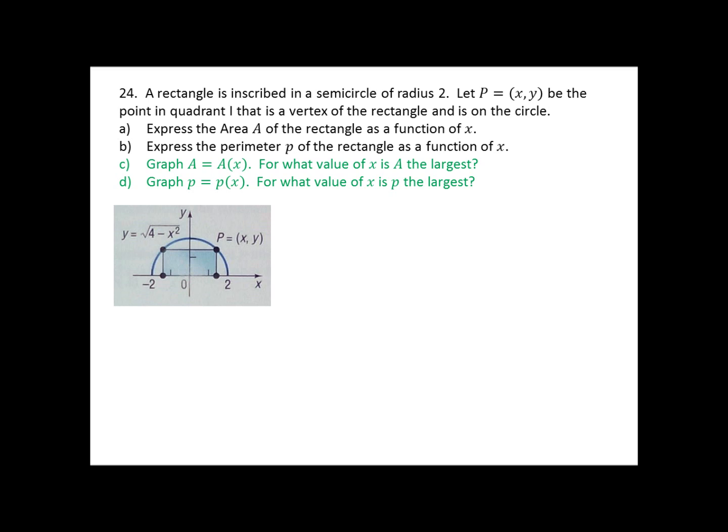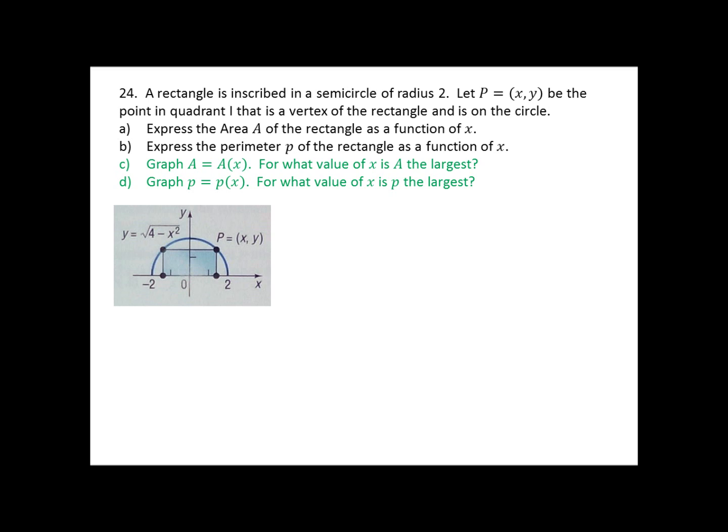They want us to first express the area A of the rectangle as a function of x. Then they want us to express the perimeter P of the rectangle as a function of x. So where the heck is x in my picture? Well, yes, it's the x coordinate of that point up there in the upper right hand corner of the rectangle, but x is how far that point is from the y-axis.